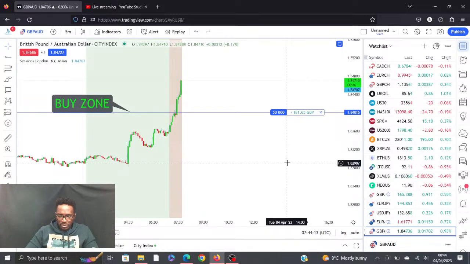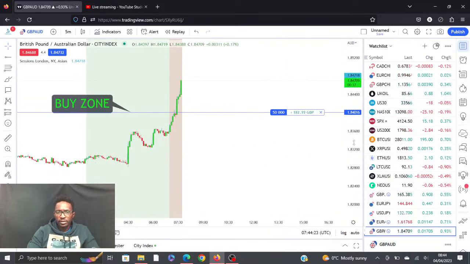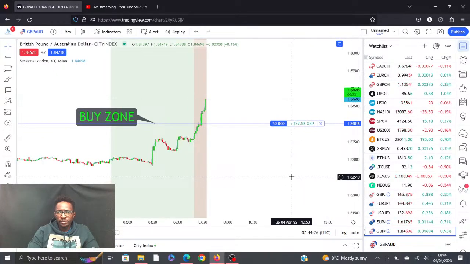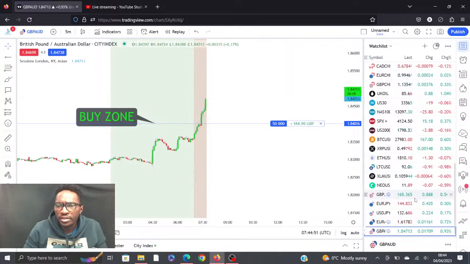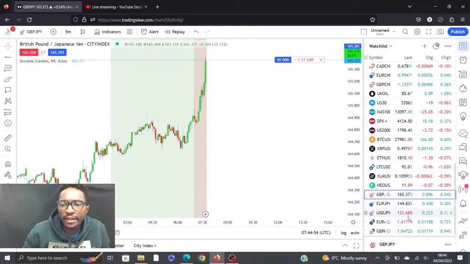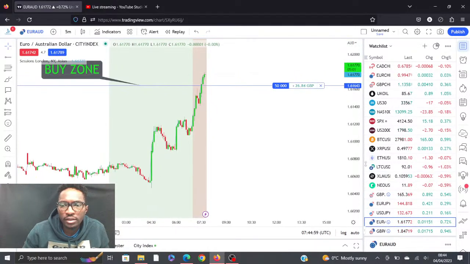For the pound yen, the trade has just been executed. So we've got three trades currently running, two of them in profit.